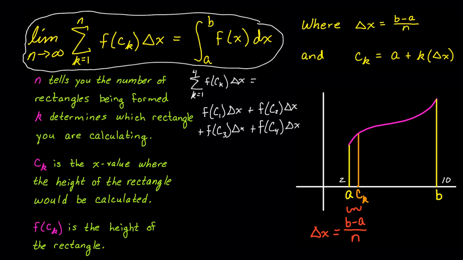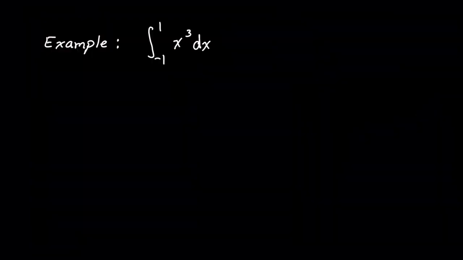All right, so let's take a look at a problem and see how this plays out. The first thing that we want to do on these problems is find the value of delta X. So recall delta X is B minus A divided by N. Our upper bound is 1 minus our lower bound of negative 1.